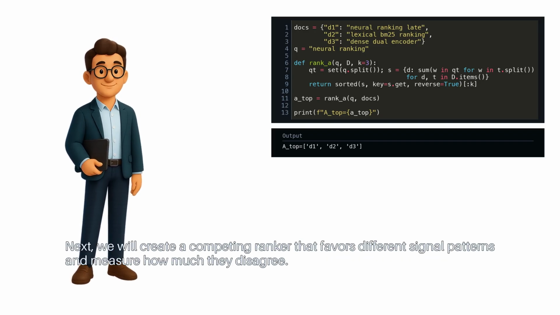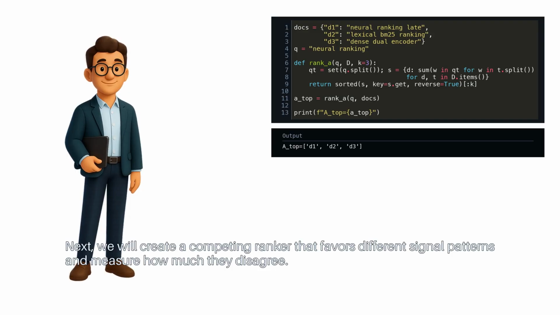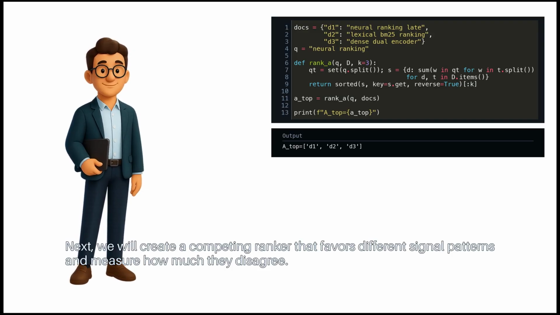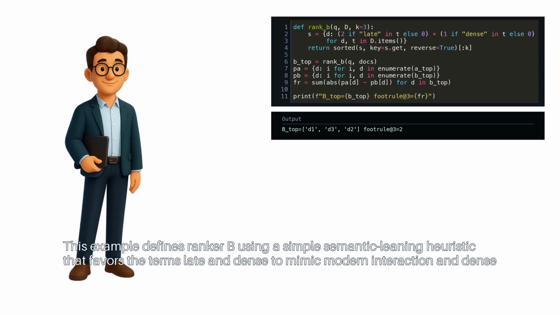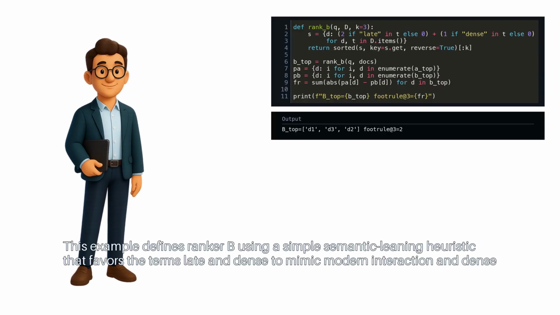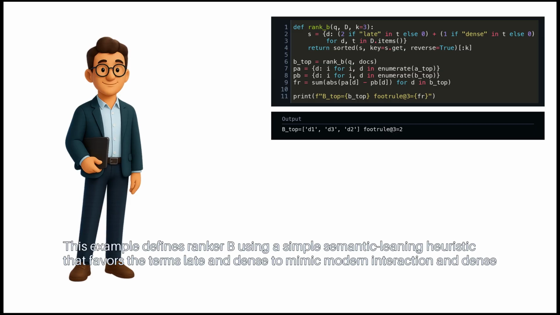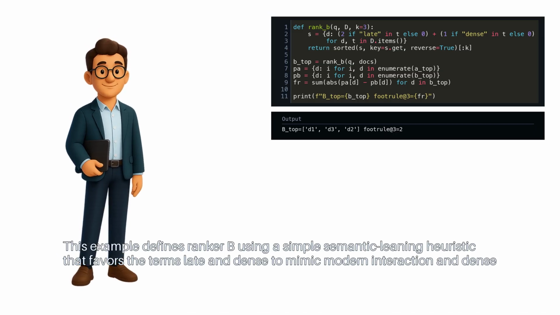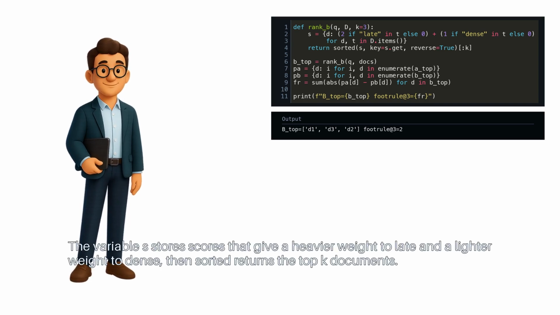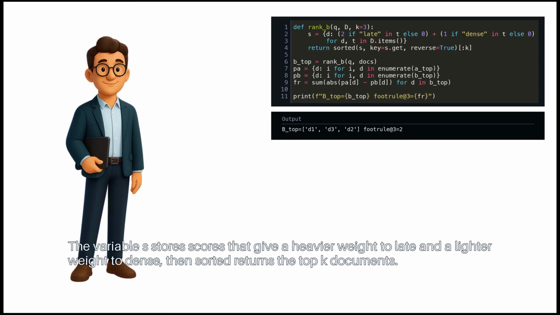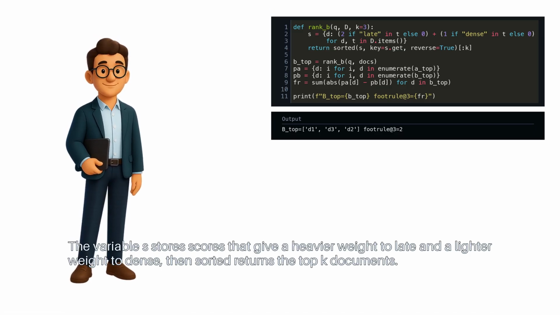Next, we will create a competing ranker that favors different signal patterns and measure how much they disagree. This example defines ranker B using a simple semantic leaning heuristic that favors the terms late and dense to mimic modern interaction and dense retrieval signals. The variable S stores scores that give a heavier weight to late and a lighter weight to dense. Then sorted returns the top K documents.